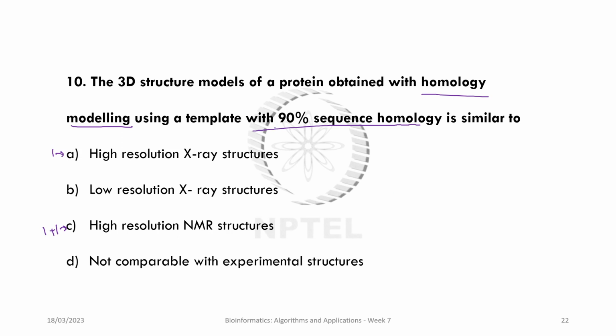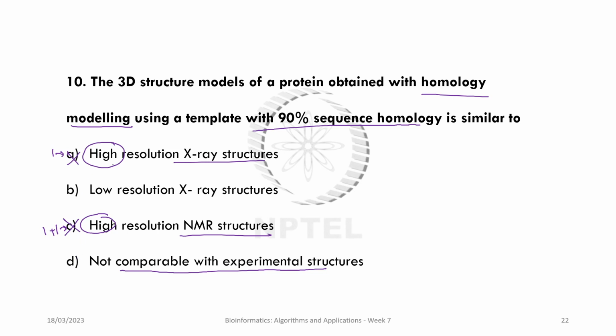See, although the template sequence homology is 90%, you can never compete with a high resolution experimental technique, right? So this throws both A and C out of the picture. And not comparable with experimental structures is too on the other side, right? Both are extremes.